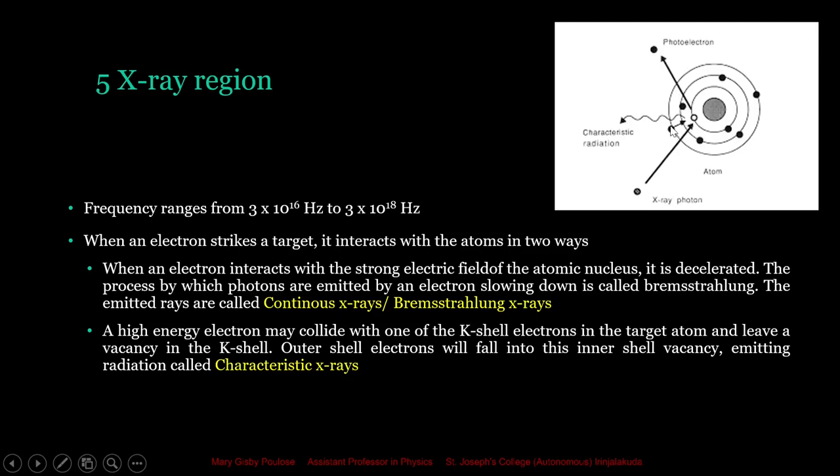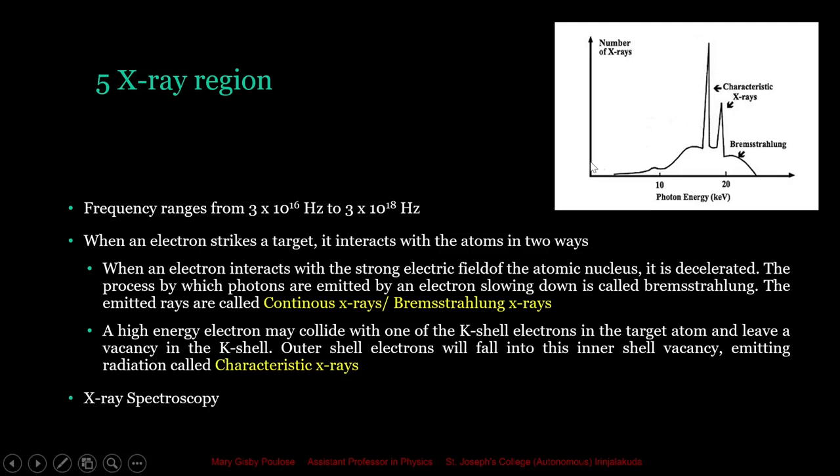The atom needs to stay in the most stable energy levels. So if there is a vacancy in the inner energy levels, it will be unstable. So electrons from the higher energy levels will fall into the vacancy in the lower energy level. And when they fall into it, they will emit radiation. That is called the characteristic X-rays. Characteristic X-rays are the fingerprint of that particular target element.